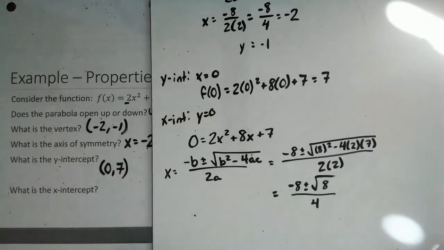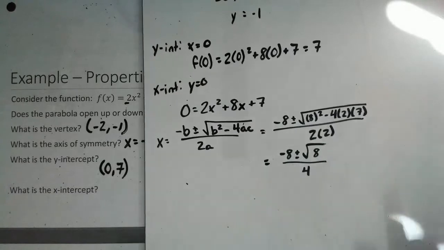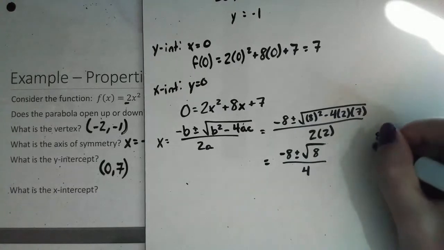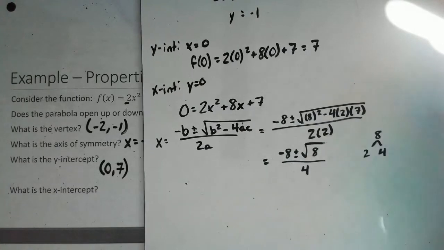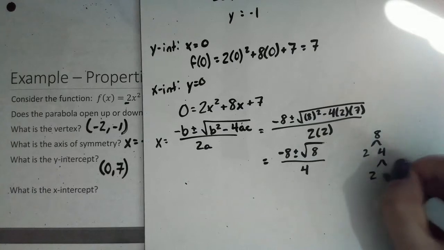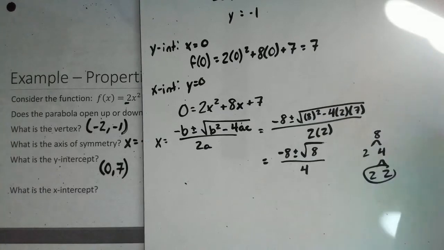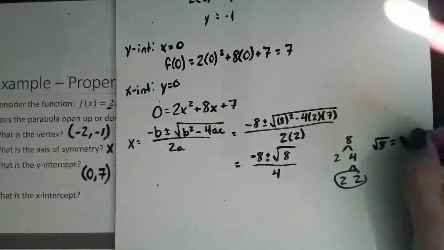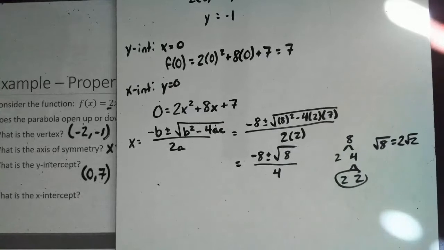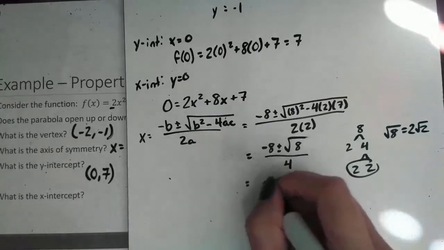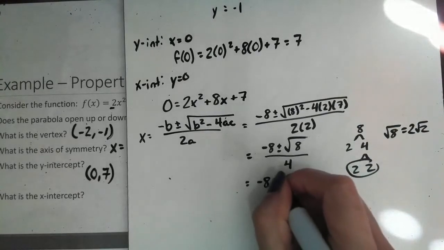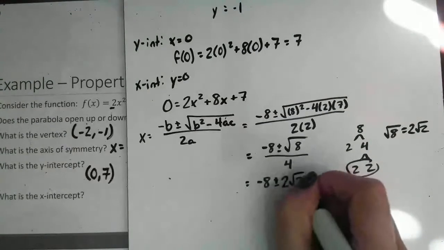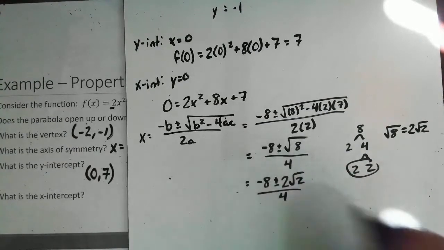We need to see if we can simplify that square root of 8. Well, 8 is 2 times 4, and 4 is 2 times 2. So I have a pair of 2's and one 2 left over. So that means I can write the square root of 8 as 2 times the square root of 2. So I'm looking at negative 8 plus or minus 2 times the square root of 2 all over 4.